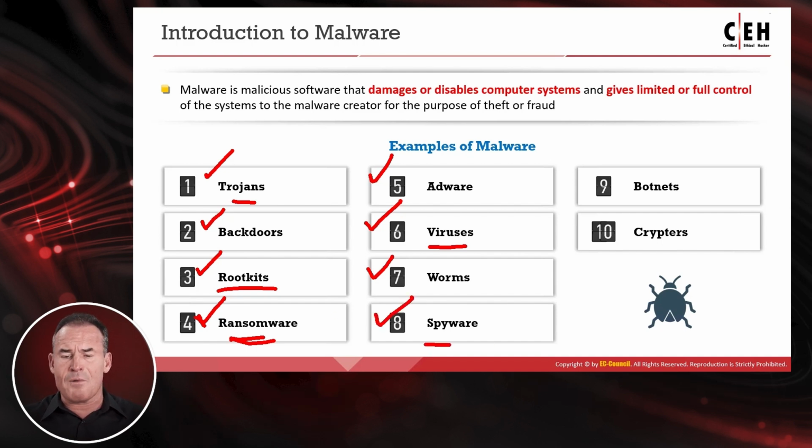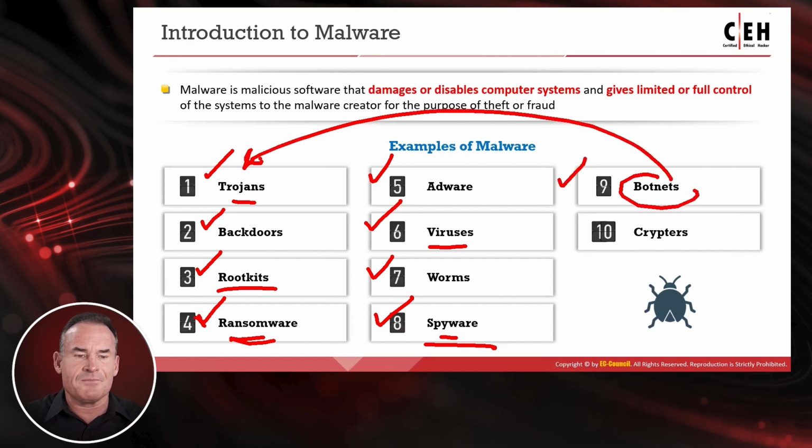Spyware, we defined spyware in the previous module. It is software that spies on you in a variety of shapes and sizes, but it will send back useful information to the attacker for purposes of further exploitation or data exfiltration or identity theft, etc. And then botnets. Botnets are really just Trojans that participate in the collective.